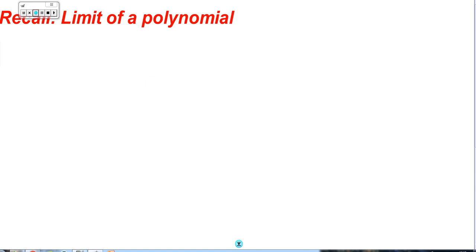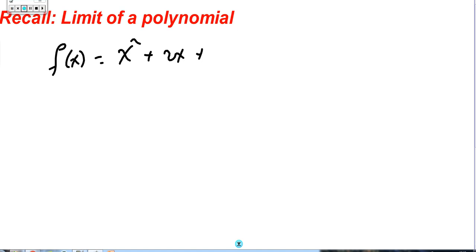We recall that for any polynomial, for example, if you have the polynomial f of x equal, say, x squared plus 2x plus 1, if you want to find the limit as x approaches, for example, 1 of f of x, you simply substitute x equal 1 in this polynomial.